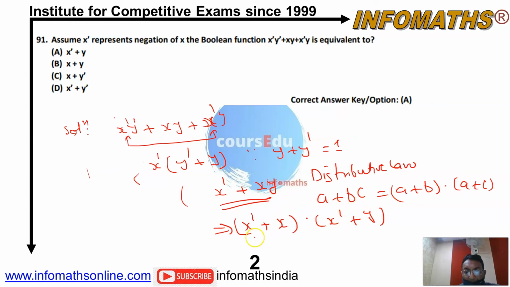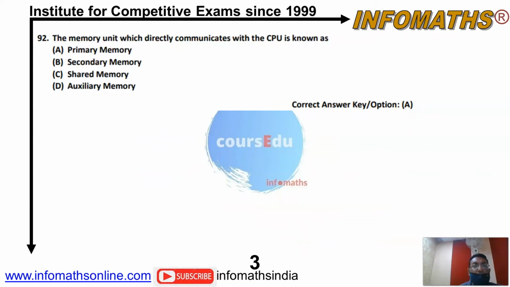Again, this is the same complement rule, that becomes 1. 1 into anything is the same, so the answer is x dash plus y. That is the answer, so we will go for option A. So the right option is A. It matches with the NIT experts.